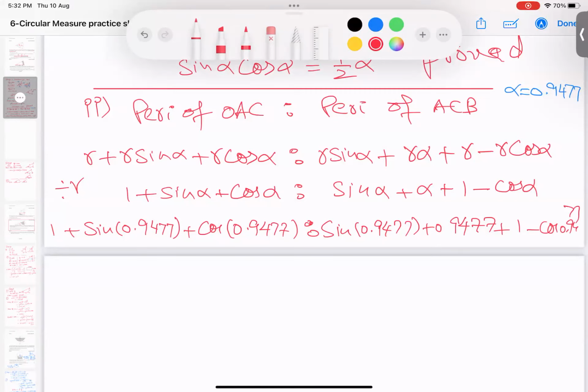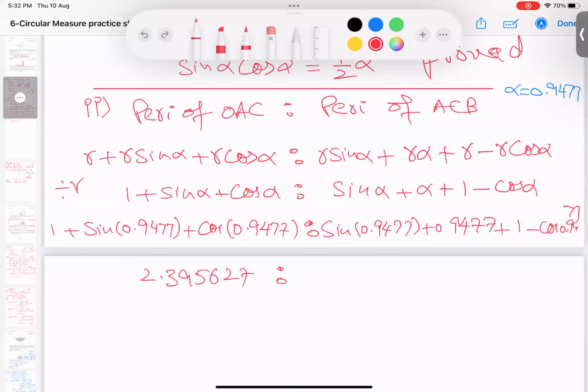Okay, students, I'm typing the left hand side first. I'm typing 1 plus sine 0.9477, and plus cos. Okay, left hand side, students, I am getting 2.395627, ratio. Let's see what answer comes on the right hand side now.